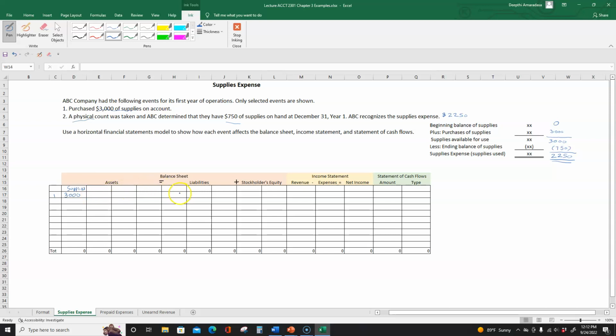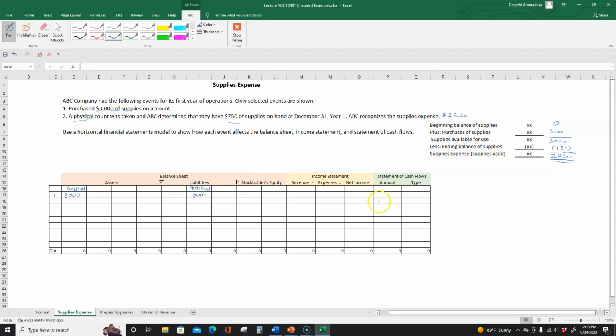A debt is a liability, and when we purchase on account, we have an account called accounts payable. So accounts payable increases by 3,000. Assets increase by 3,000, liabilities increase by 3,000. That's all that happened in the balance sheet.